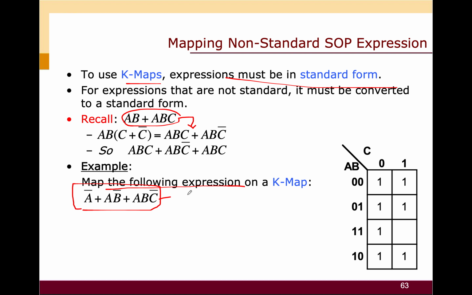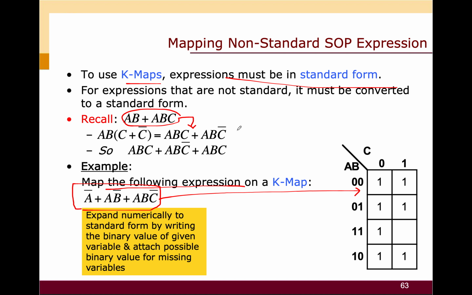So how are you going to convert it into your KMAPs? You need to do the standard form first. This one I already mentioned. I don't want to repeat because we already learned. Please take a look into all your 12 Boolean rules. So you will get the 3 variables for each term.